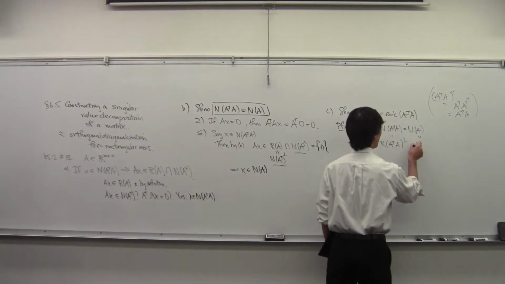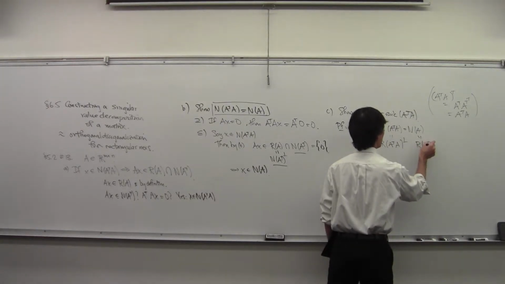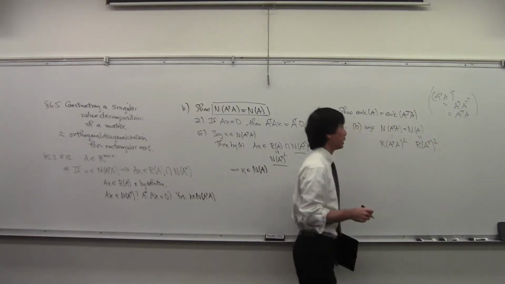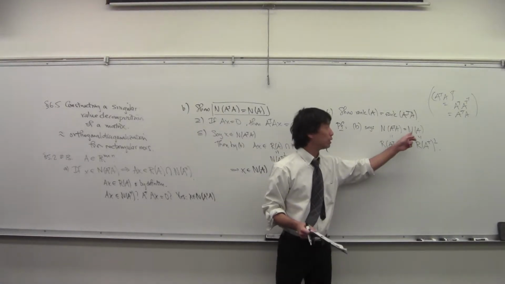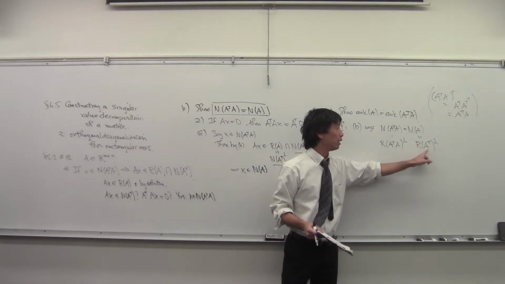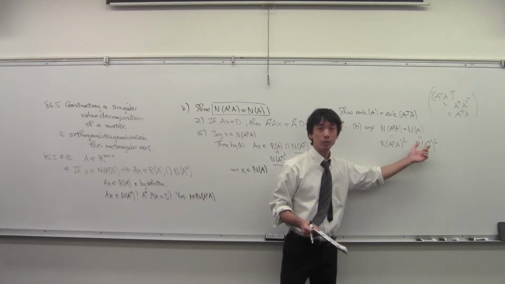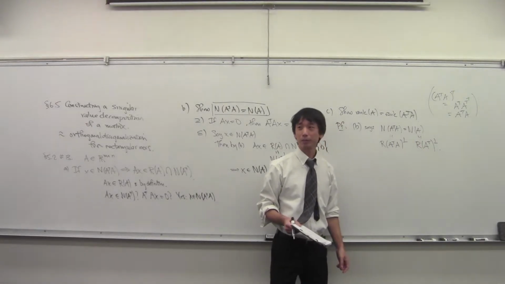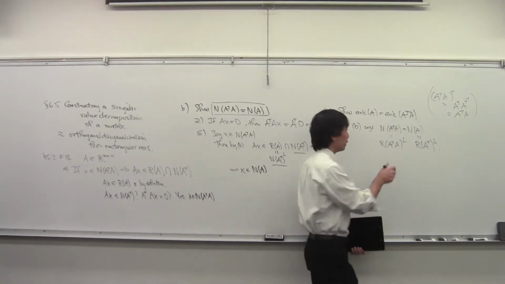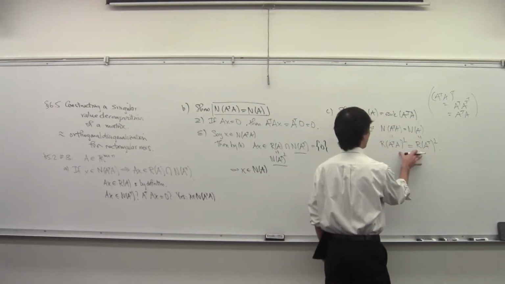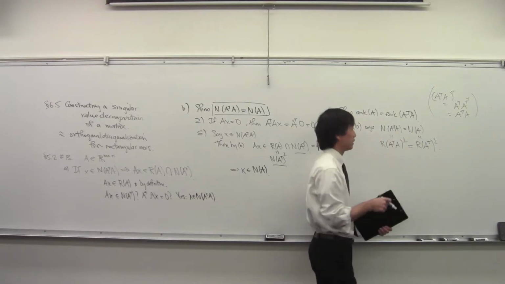And then here, the fundamental subspaces theorem says that the null space of A is the range of AT orthogonal complement. So this is what we get from B.